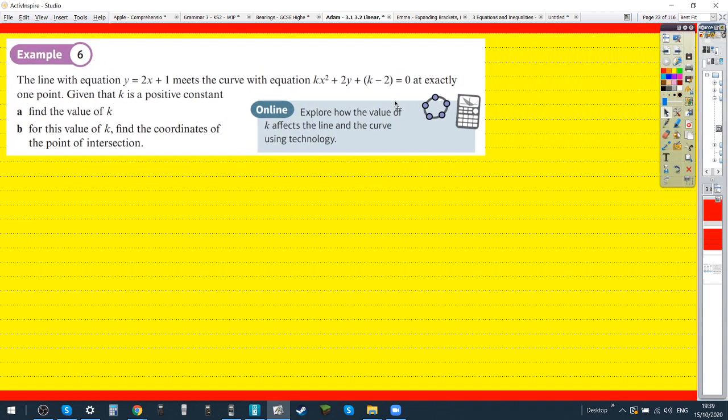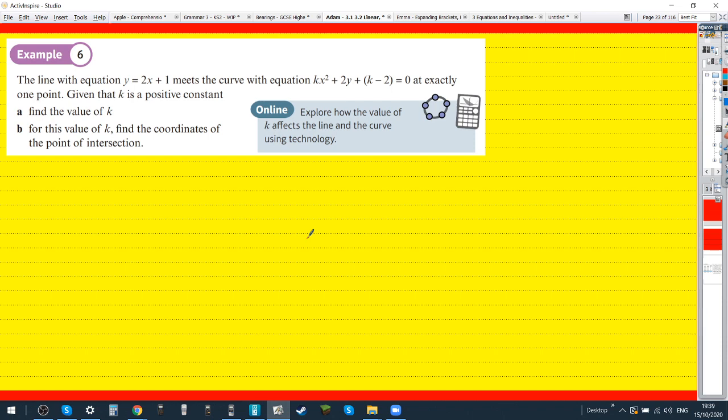Okay, let's try this. So we already have y equals 2x plus 1. So we sub that into the equation.